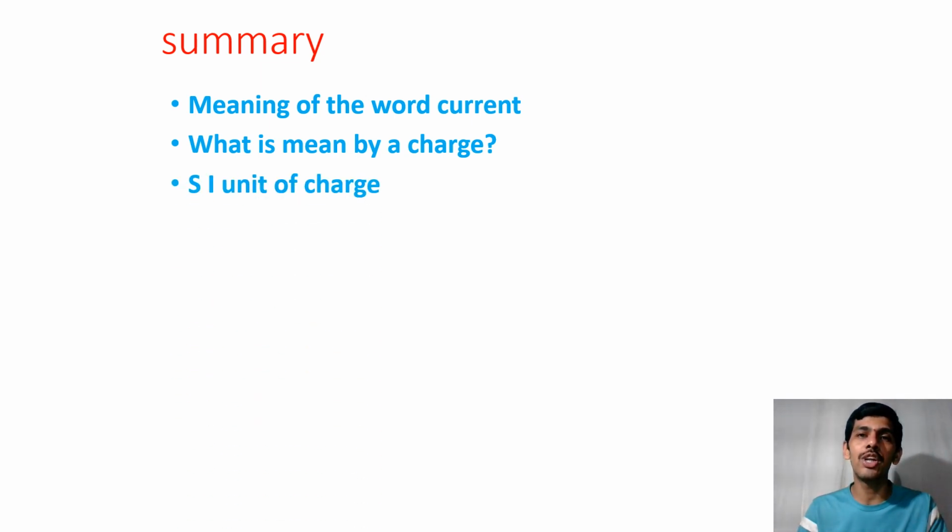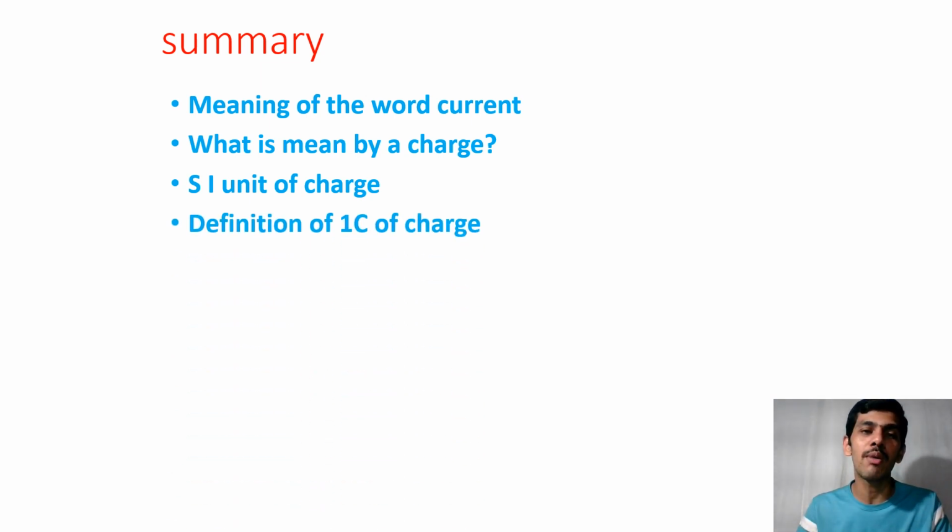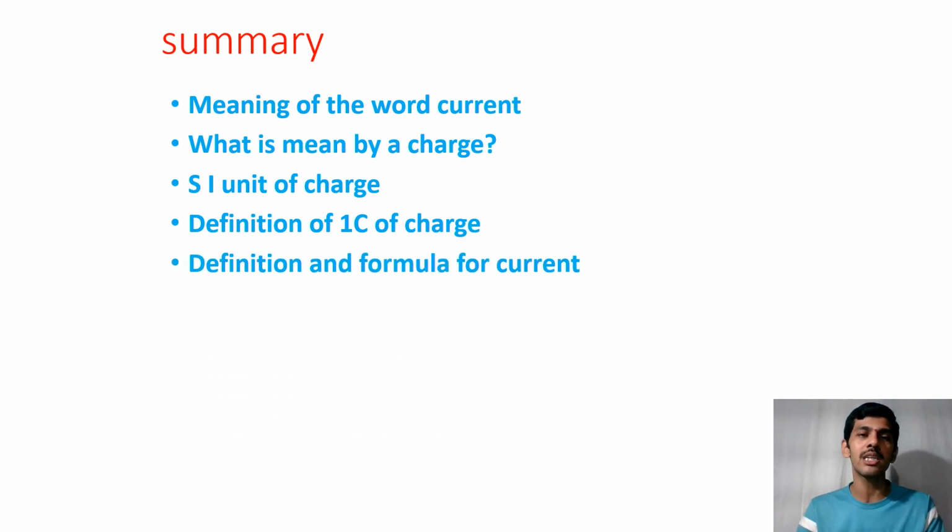The SI unit of charge is coulomb. And in order to represent smaller units, we use micro and millicoulombs. Micro means 10 to the power minus 6 coulomb and millicoulomb means 10 to the power minus 3 coulomb. And the definition of 1 coulomb of charge we have discussed. It is a charge constituted by 6.25 into 10 to the power of 18 electrons, that we call 1 coulomb of charge.